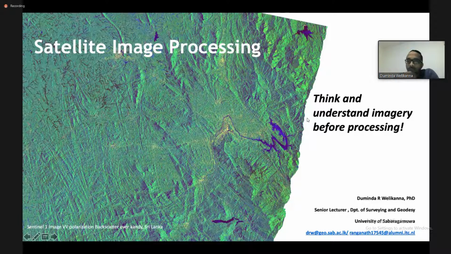So satellite image processing, what is this? In an age where satellite images are very frequently used, everybody is interested in image processing. And you know that a lot of different types of sensors are coming up from NASA, ESA, and JAXA.